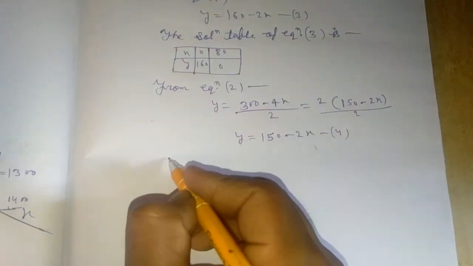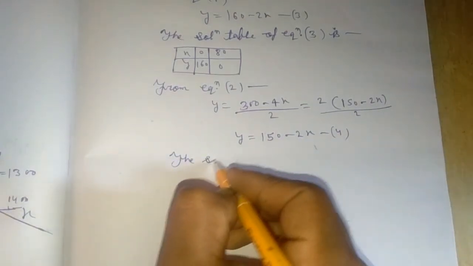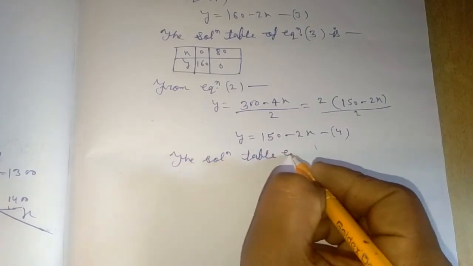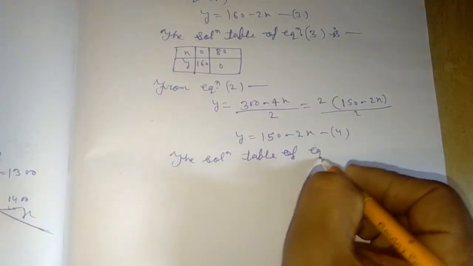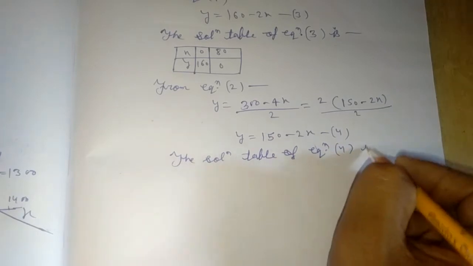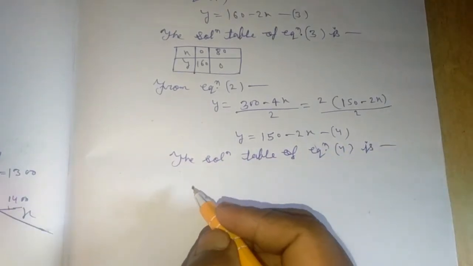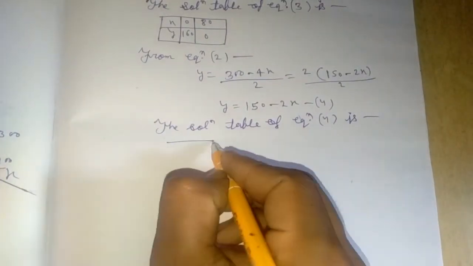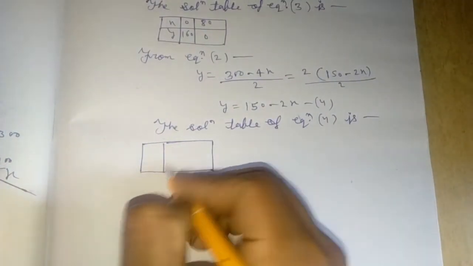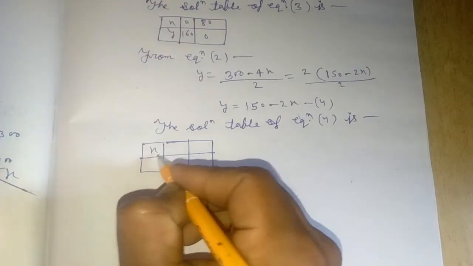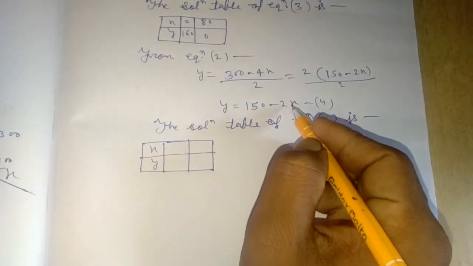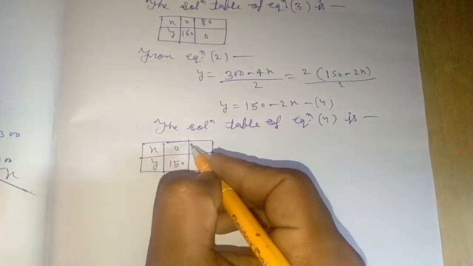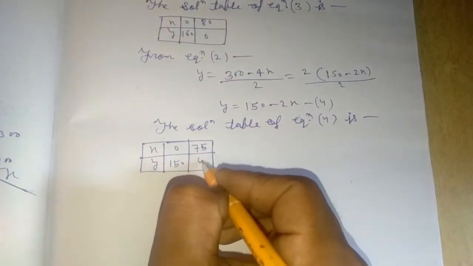Equation 4. The solution table of equation 4 is: when we put x equal to 0, we get 150. When we put x equal to 75, we get y equal to 0.